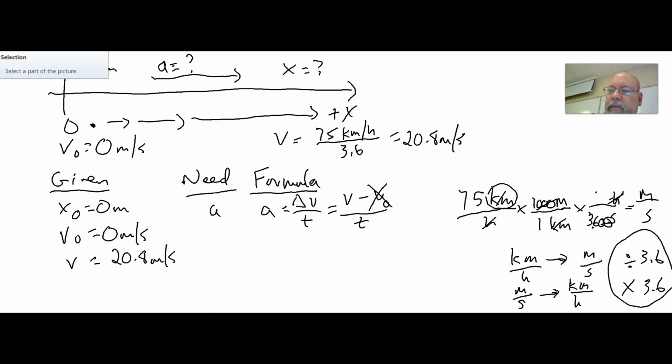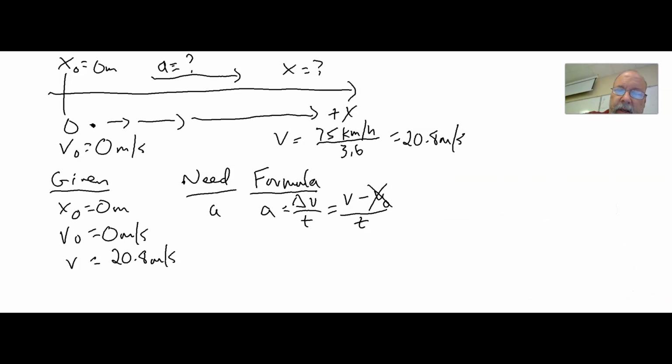Let me get rid of this stuff here. We don't need that. And then I'm going to solve. All I need to do is plug my values in and solve. And so A equals, and V is 20.8 meters per second.